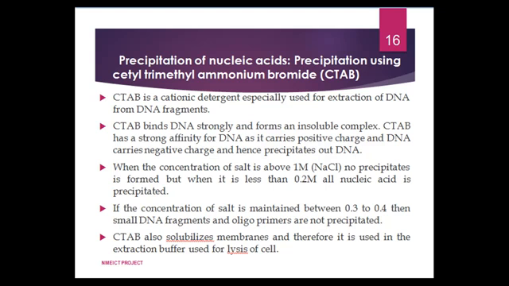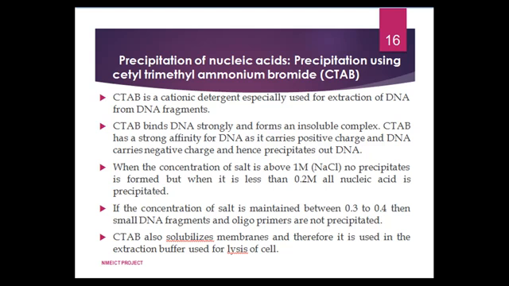In this method of precipitation, salt concentration is very important. When the concentration of salt is above 1 molar, no precipitate is formed. But when it is less than 0.2 molar, all the nucleic acid is precipitated. And if the concentration of salt is maintained between 0.3 to 0.4 molar, then small DNA fragments and oligoprimers are not precipitated.